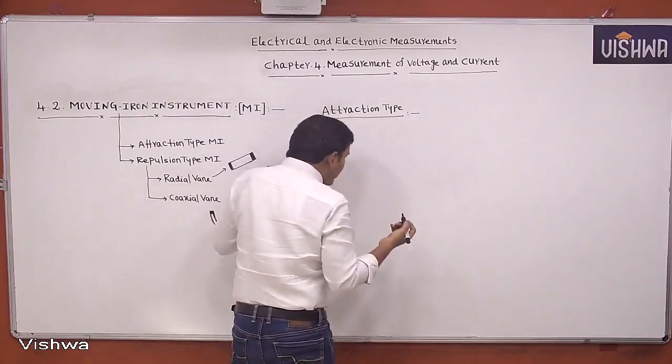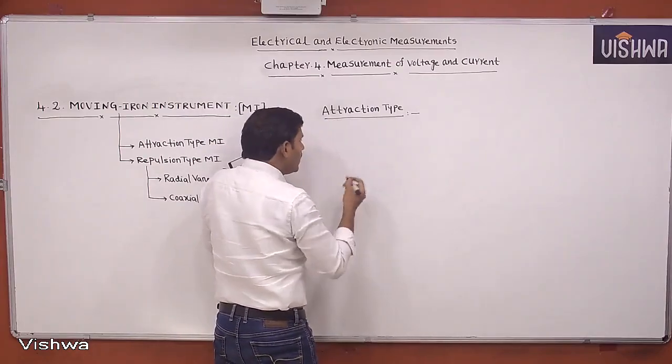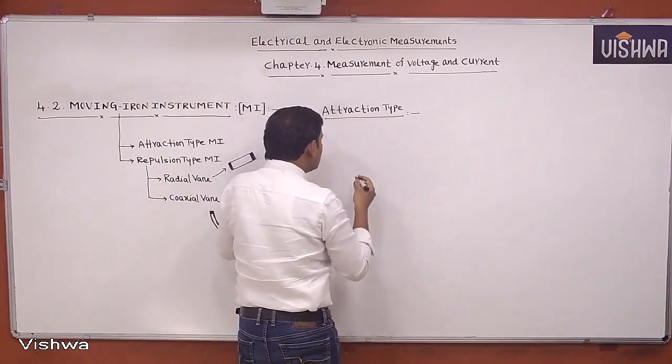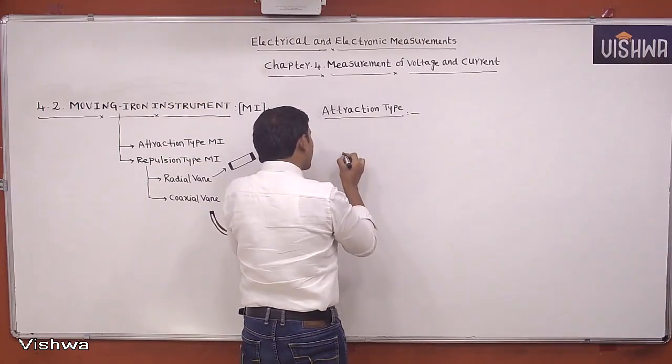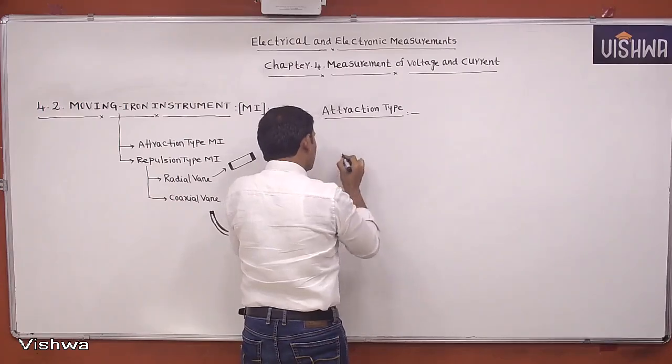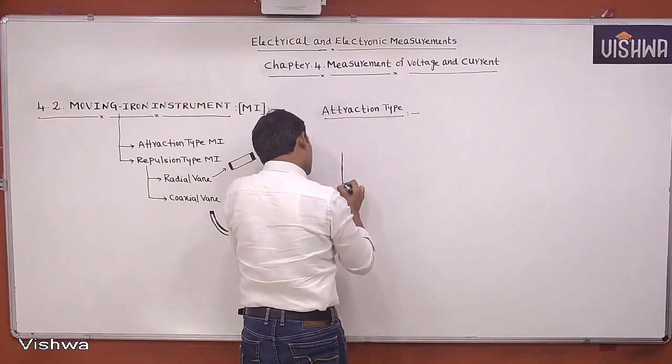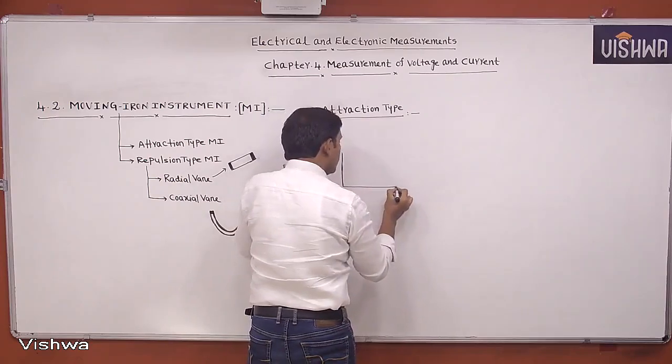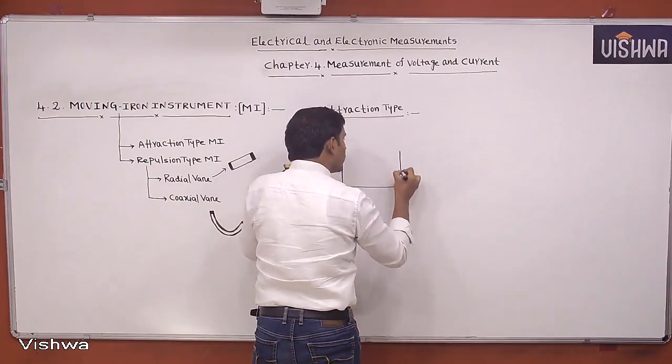In the attraction type instrument, this is the shape of magnet we are using. We are using one H-shaped electromagnet.